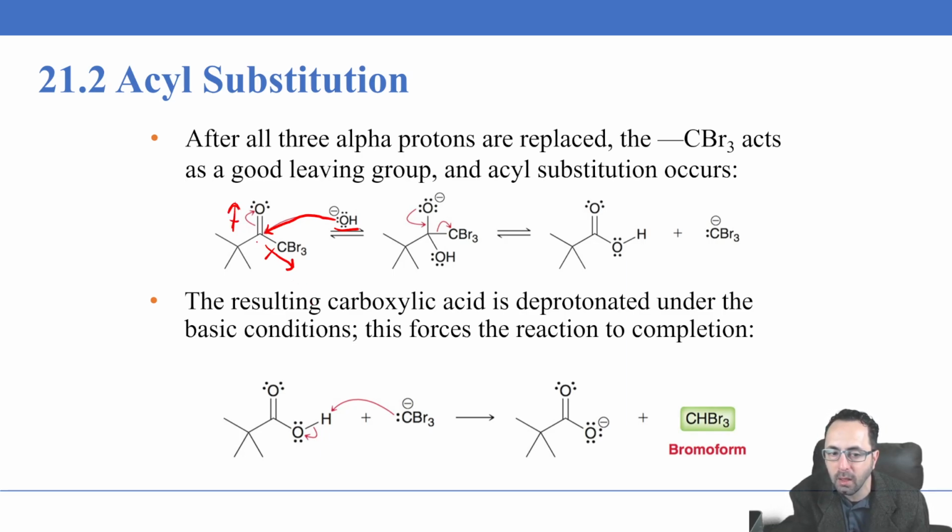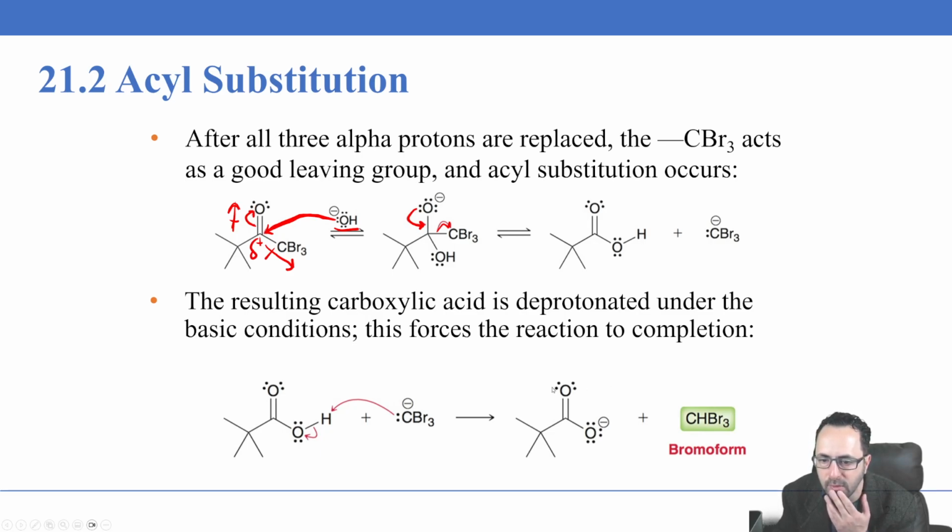So this carbon's becoming really partially positive, being really attractive to nucleophiles. And then we have the nucleophilic attack and the resonance arrow up to the oxygen. And this CBr3 acts as a good leaving group. So then we put our resonance arrow back here, putting a pi bond, but this carbon cannot have 5 bonds. So the leaving group leaves here, and ultimately we get the carboxylic acid that returns.